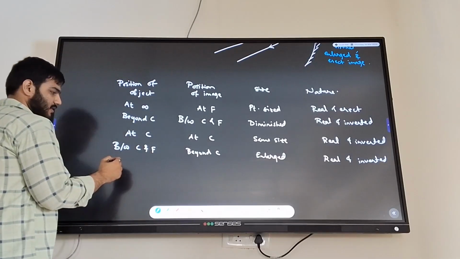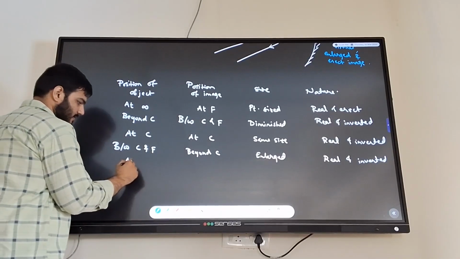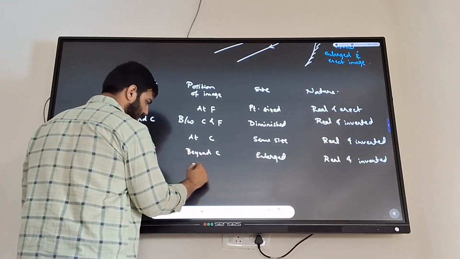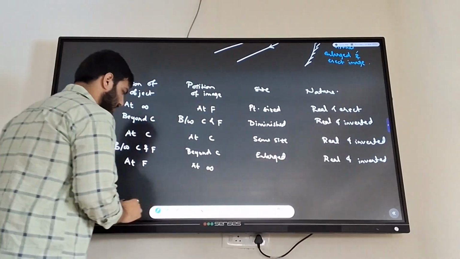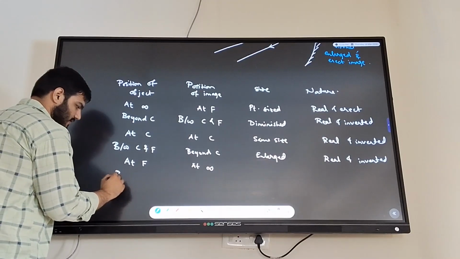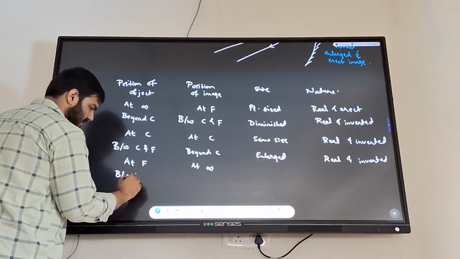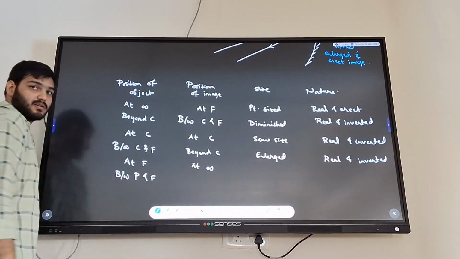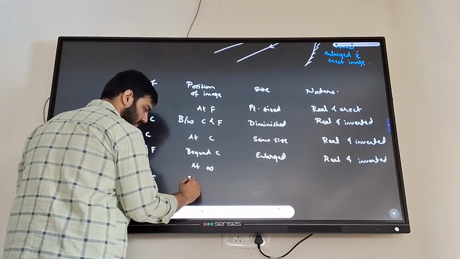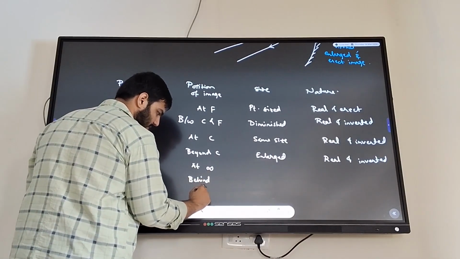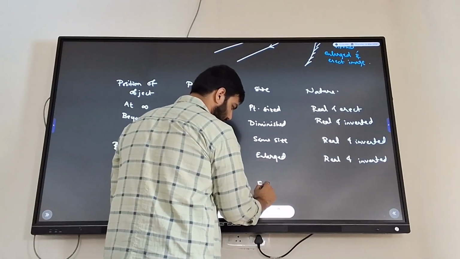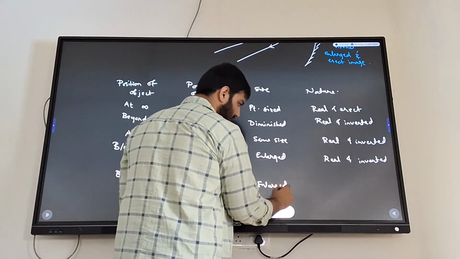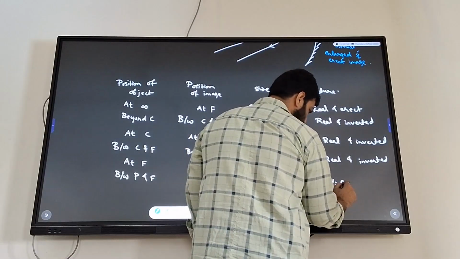What about at F? At infinity. This is just at infinity. And now between P and F? Behind the mirror. Highly enlarged. And this is virtual and indirect.